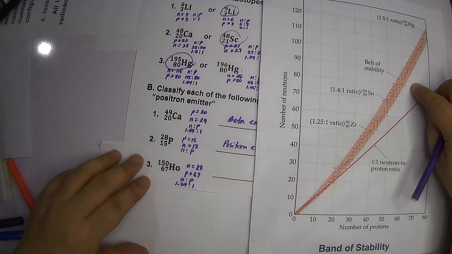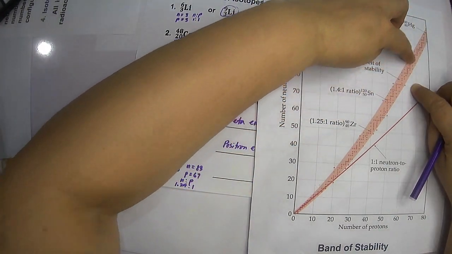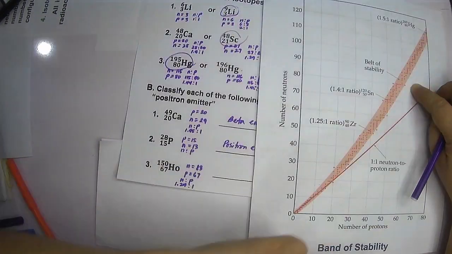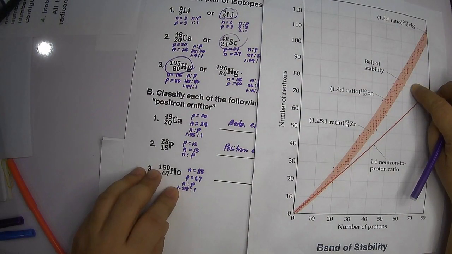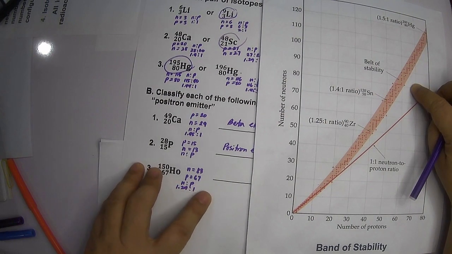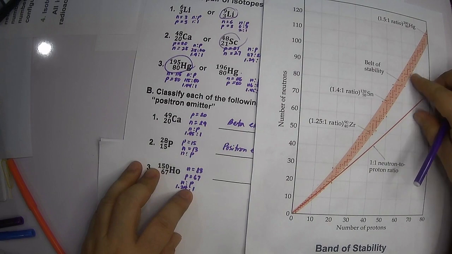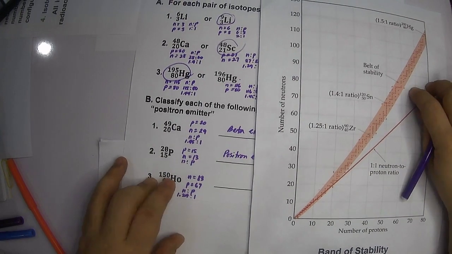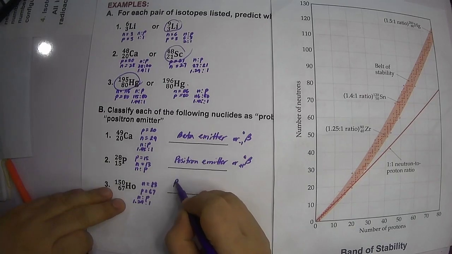Because towards this the slope is 1.4 to 1.5, and this is only 1.24. The neutron to proton ratio is 1.24:1, so it's below the band of stability. It is a positron emitter.